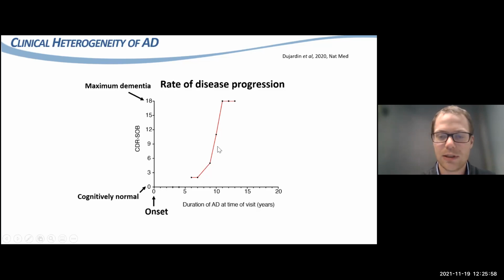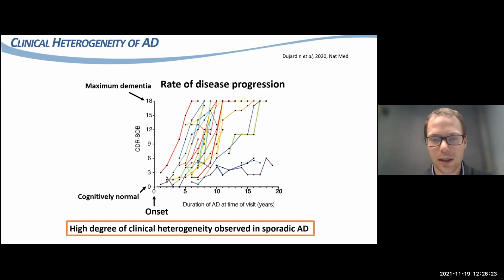And so here what you see is, let's say, a classical AD patient, I don't like this term, who comes for his first visit 6 years after his disease onset, and then has a CDR taken every year, and the CDR slowly progresses and then reaches the maximum. So that's one patient. But the first cohort has 32 patients, so the 32 patients are plotted here.